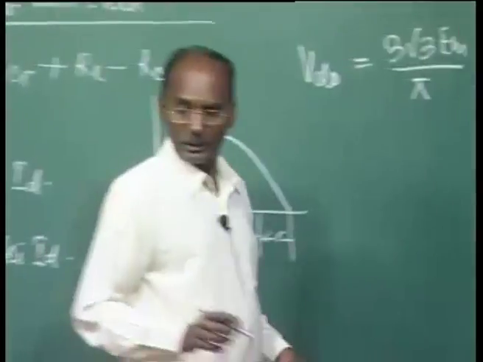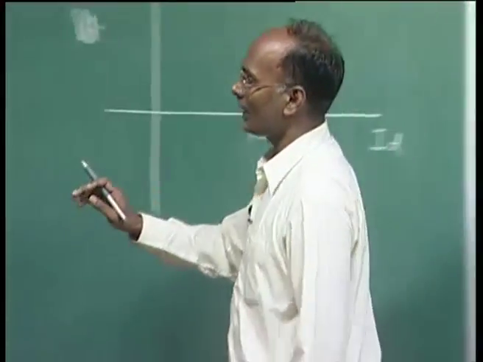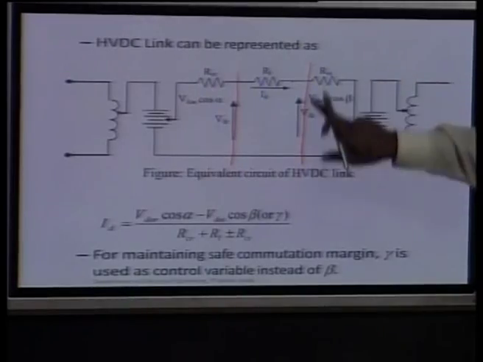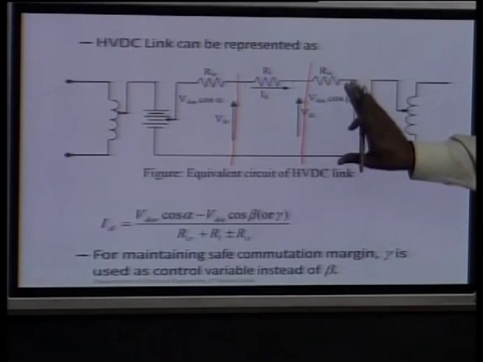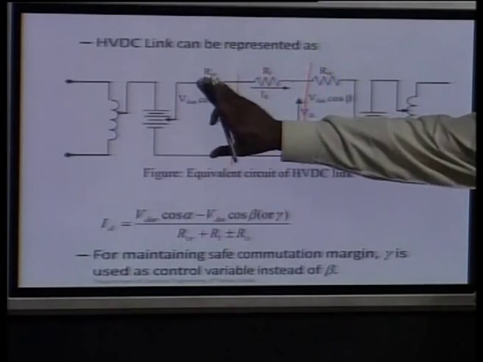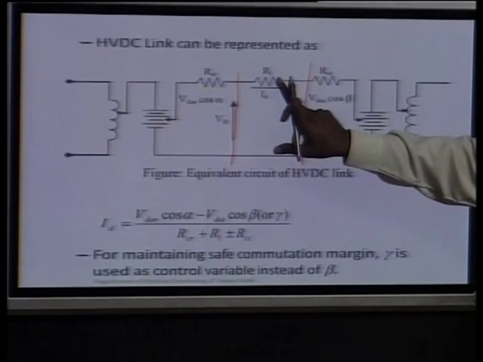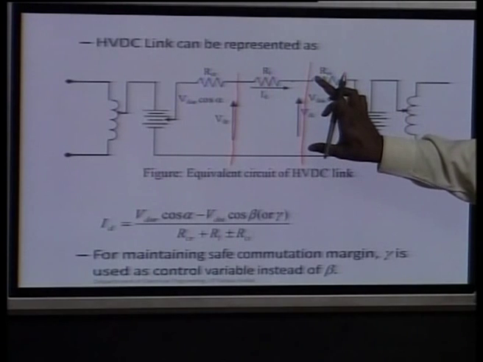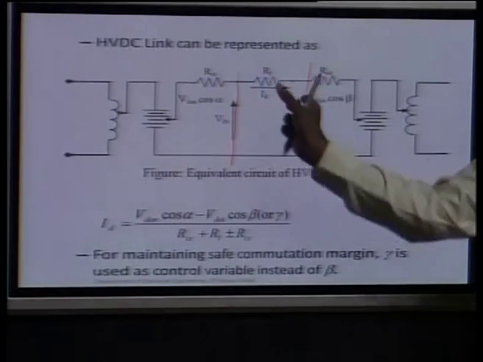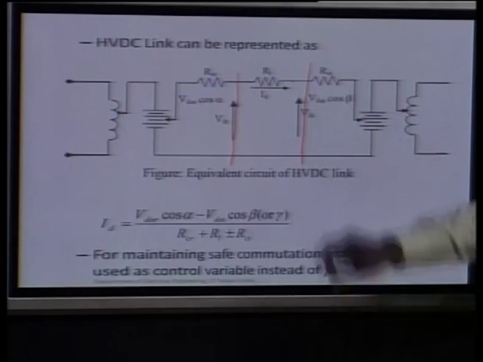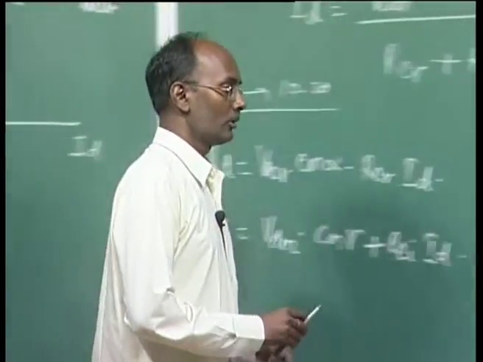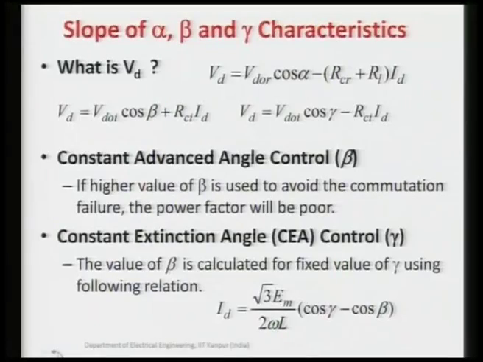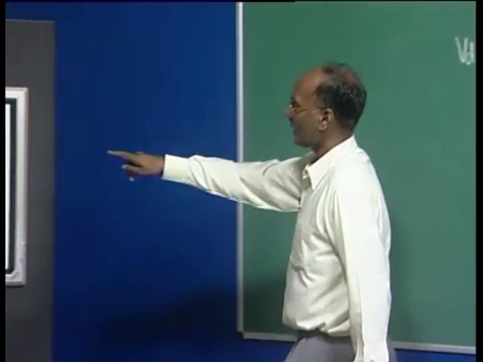So in this case I am taking this as the characteristic VD. So this equation is one, and another equation we are writing now, we are incorporating the RL as well to calculate the VD here. Means this voltage minus this voltage will be the VD in this case. So you can see, in the first equation I have written here, RCR plus RL is added.